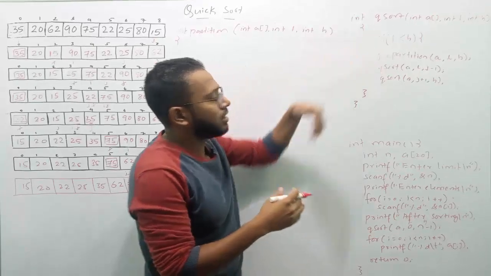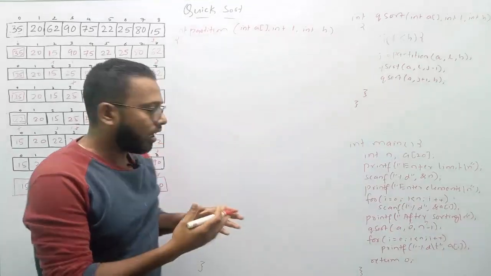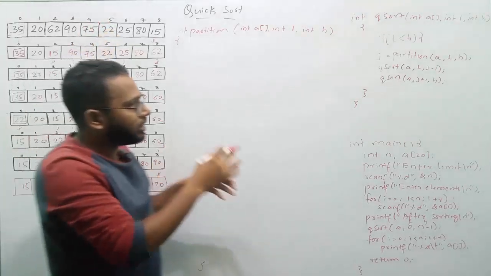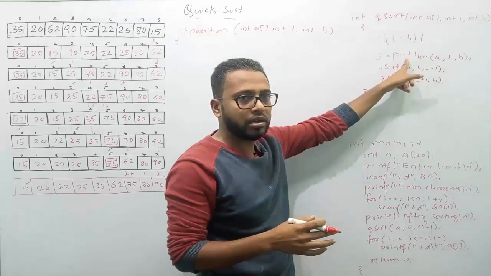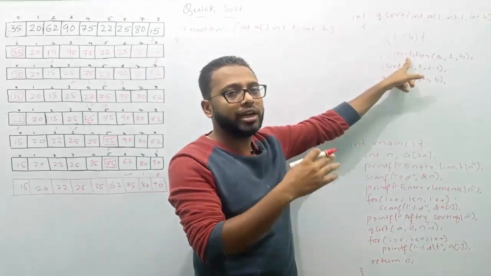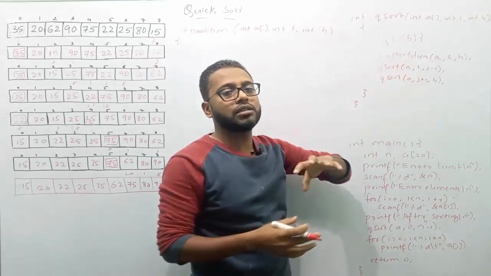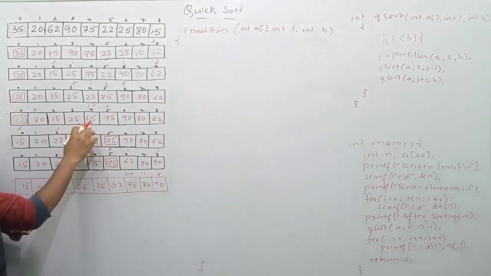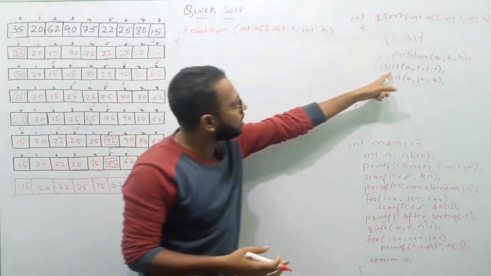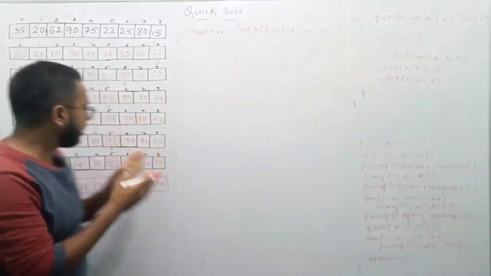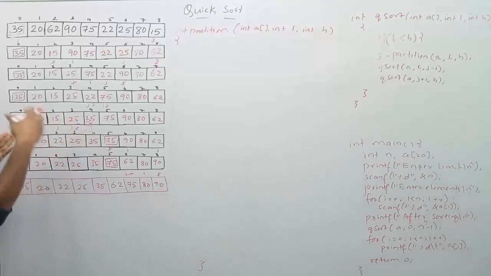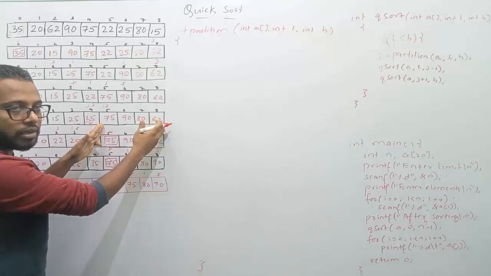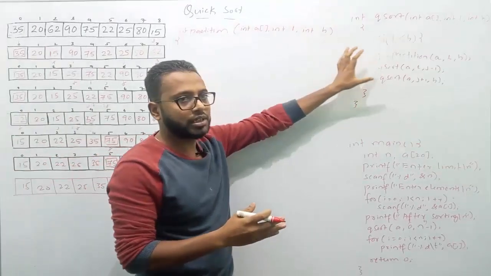These three function calls get made repeatedly until this unsorted list gets sorted. Each time this function gets called, it brings the pivot element into its sorted position, in this case 35. Then it calls the quicksort function on the left side elements, and one more quicksort call on the right side elements. I hope this function is clear to you.